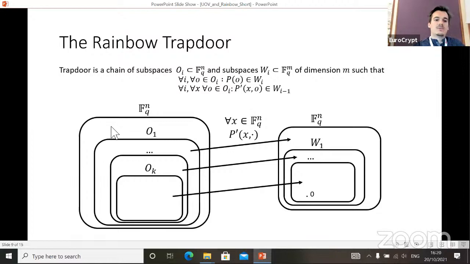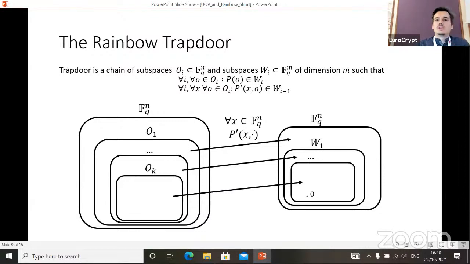So you start with a random vector, and then you solve for a correction term in O1, such that you correct the pre-image up to some vector in W1, and then you solve for a correction term in O2, such that you correct up to a vector in W2, and so you go back and forth until finally you solve for a correction term in OK, such that you have a correct pre-image.